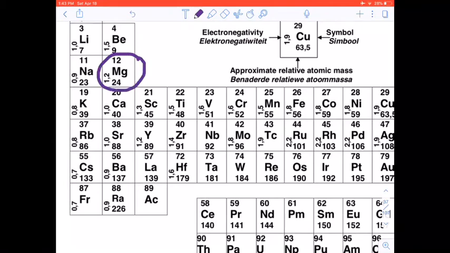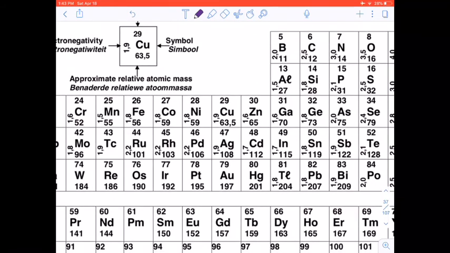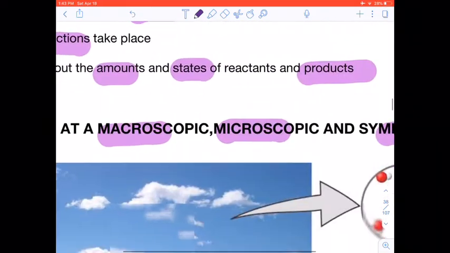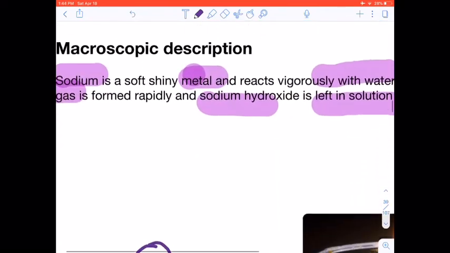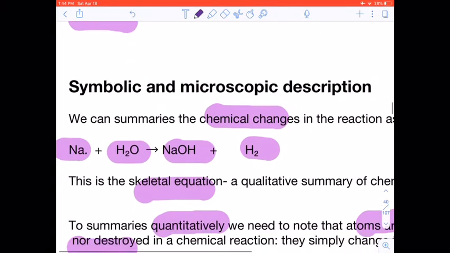Its relative atomic mass is 24. You know that oxygen's is 16. Okay?